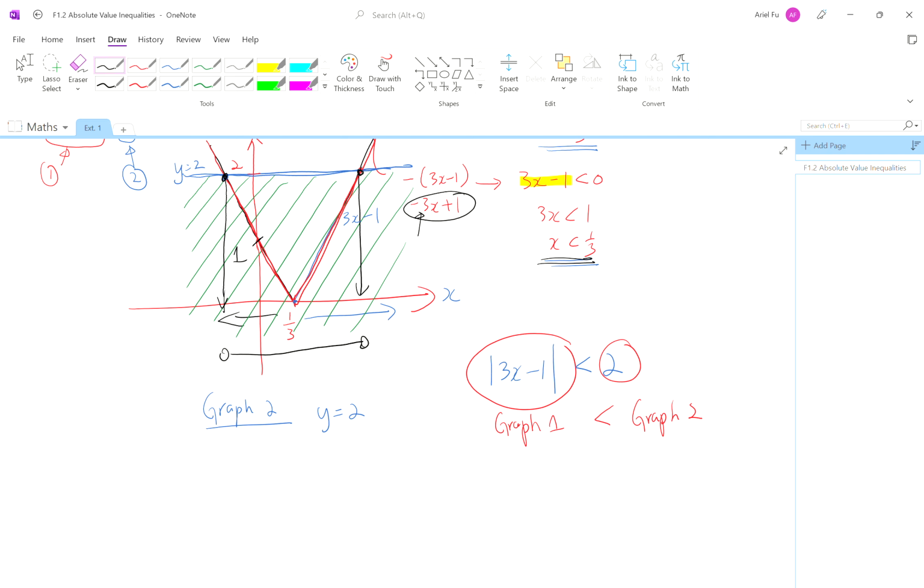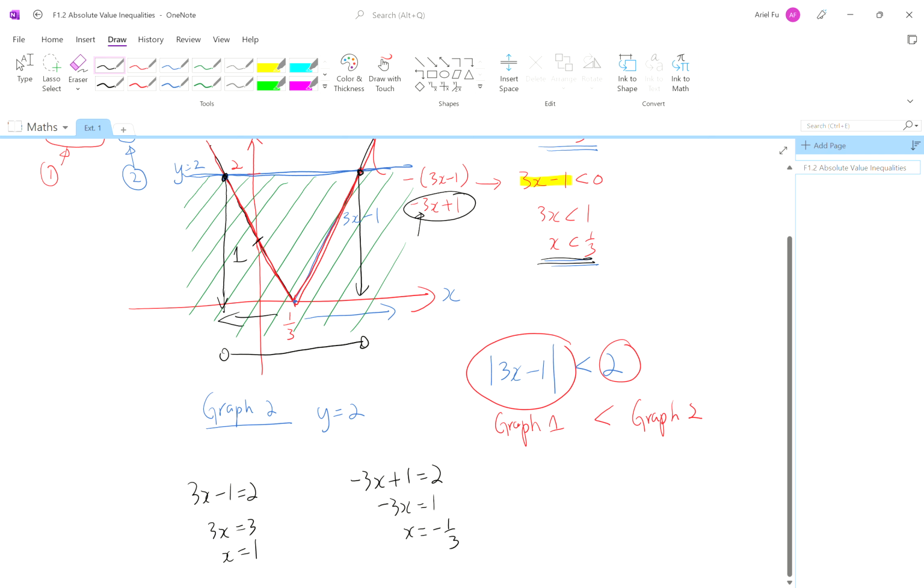So when 3x minus 1 equals 2, 3x equals 3 and x equals 1. The other intersection point must be when negative 3x plus 1 equals 2, then negative 3x equals 1 and x equals negative 1/3. That corresponds to this point, negative 1/3, and this point, 1. Those are the two intersection points.